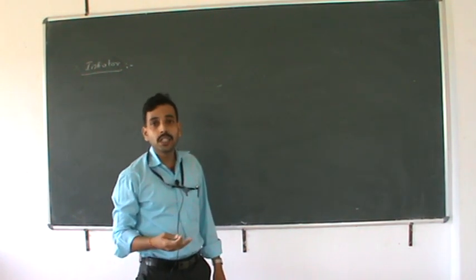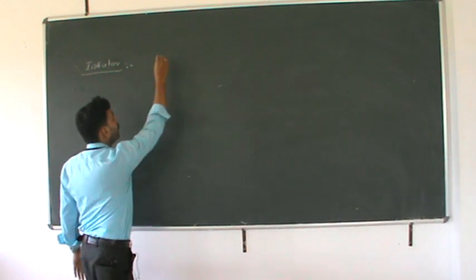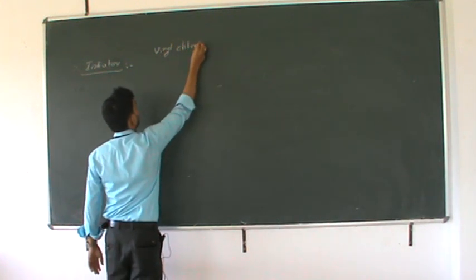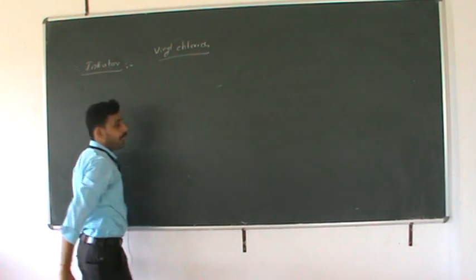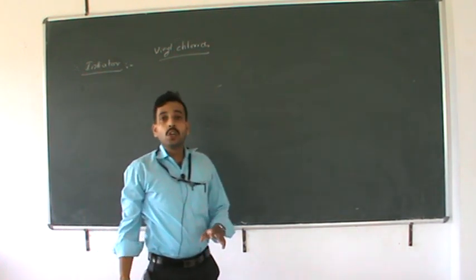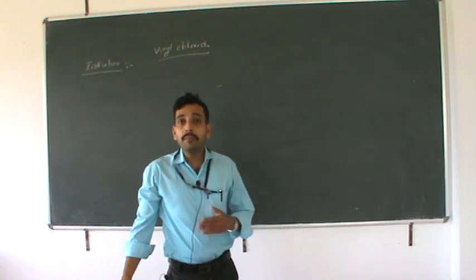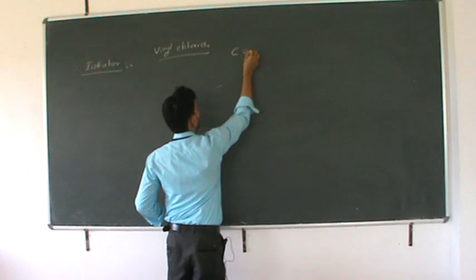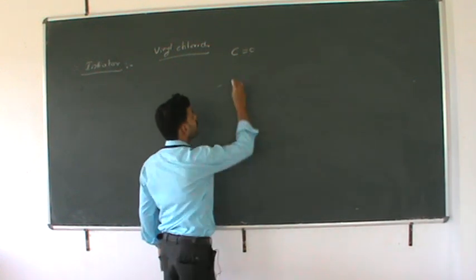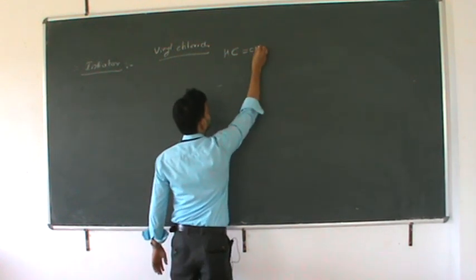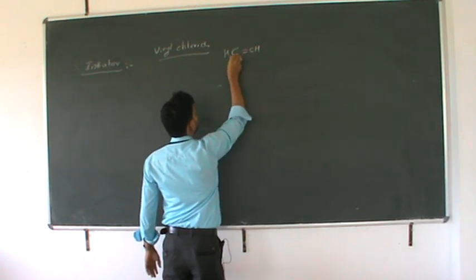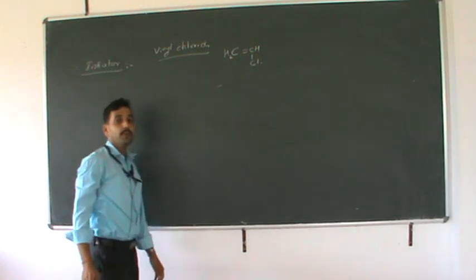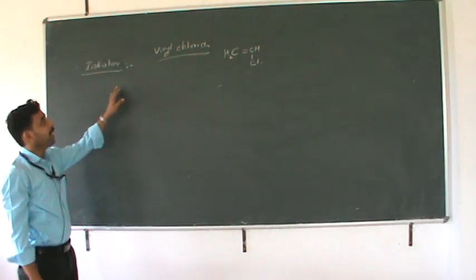It initiates the polymerization of vinyl polymers like vinyl chloride, because free radical polymerization is commonly used to polymerize vinyl compounds. Vinyl compounds means C double bond C compounds. The best example here is CH2 double bond CHCl, vinyl chloride.